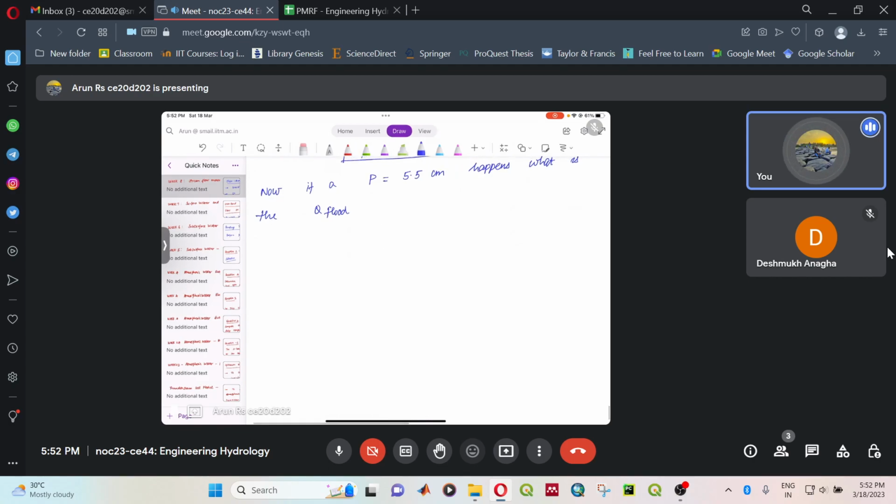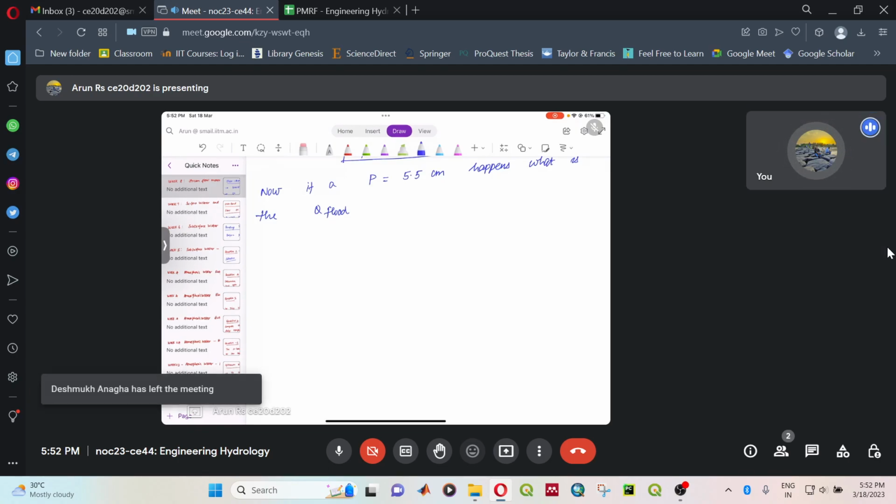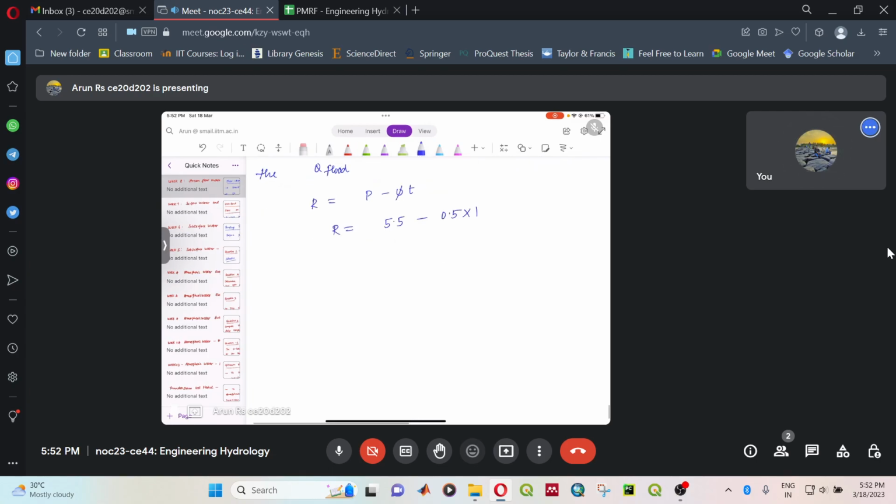So first for that we need to determine the rainfall excess for a precipitation of 5.5 centimeter. To determine the rainfall excess, we have been provided with the phi index. So the rainfall excess is P minus phi t. Rainfall excess is equal to 5.5 minus 0.5 into 1. So the rainfall excess is 5 centimeters.